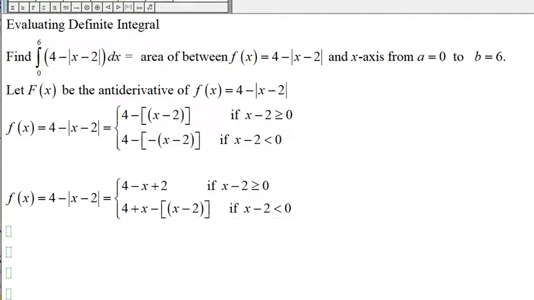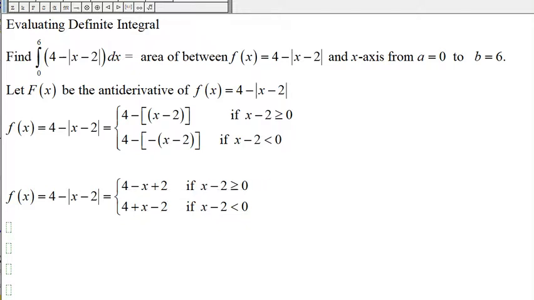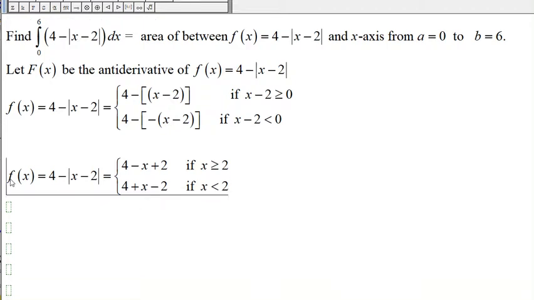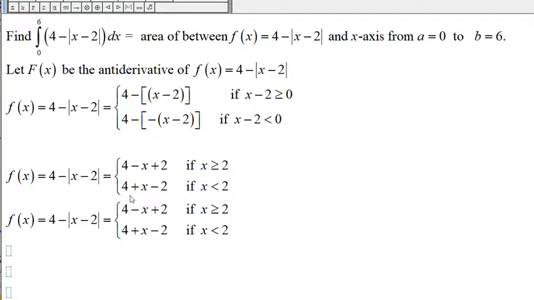For the inequalities, we add 2 to both sides: x is greater than or equal to 2, and here x is less than 2. So this becomes 6 minus x, and this becomes x plus 2.